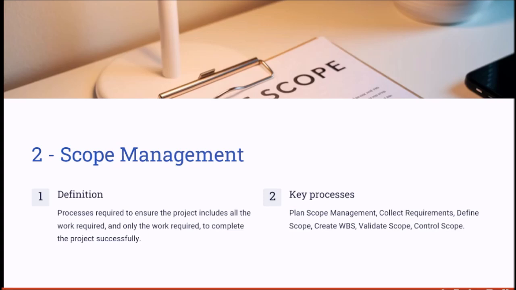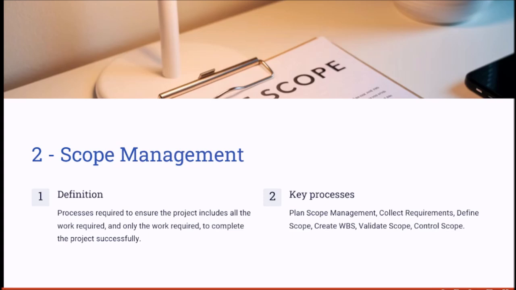Define scope is when you develop a detailed description of the project or the product that you are going to deliver for the stakeholder. After you define the scope, you create the WBS, the work breakdown structure, which subdivides the project deliverables and project work into smaller and more manageable components.